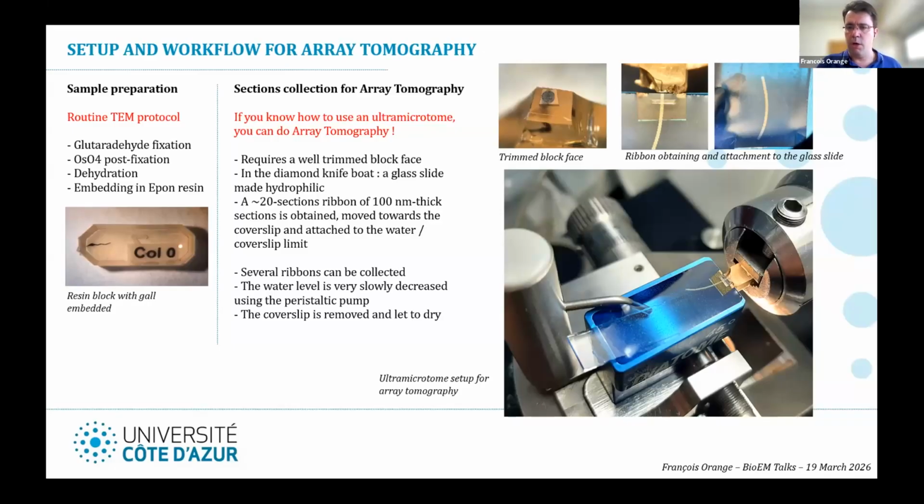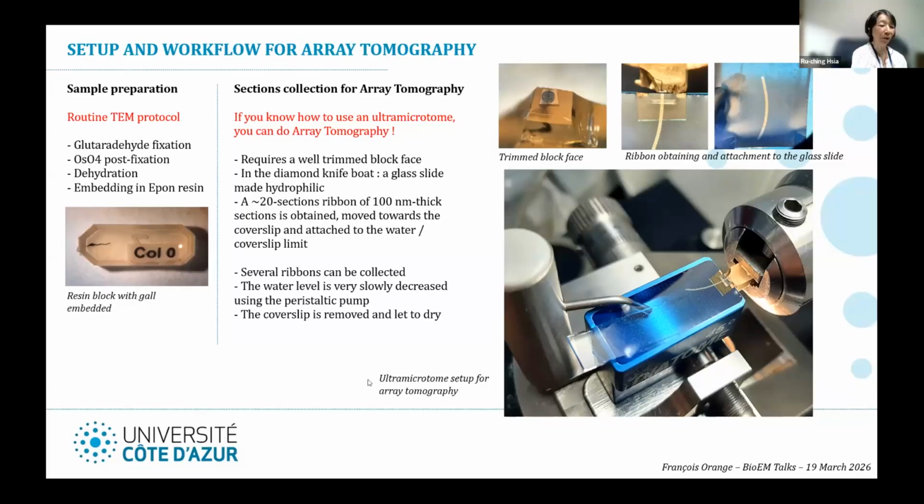But I can tell you I had wrinkles and folds, and I had to remove sections within my stack because the wrinkles could create artifacts and problems for the alignment, so I removed them. But I could keep the information within this section if I had a doubt when I was doing the segmentation.